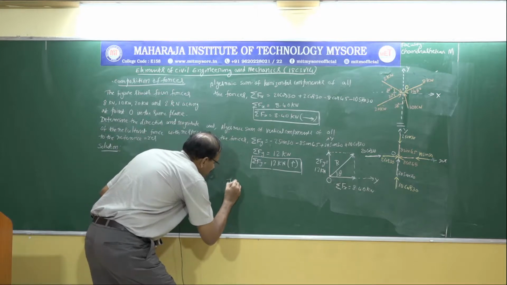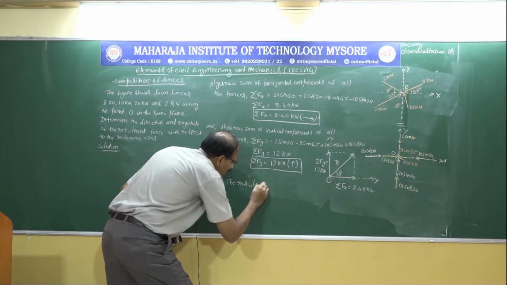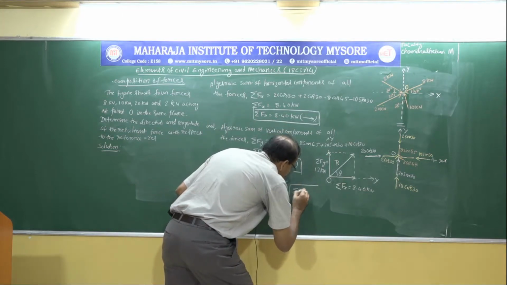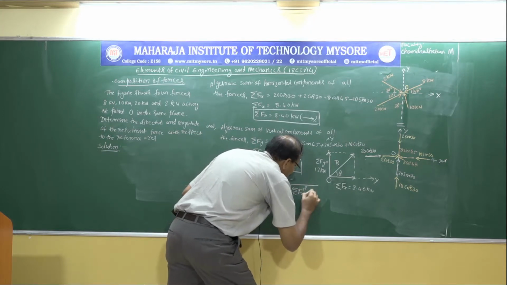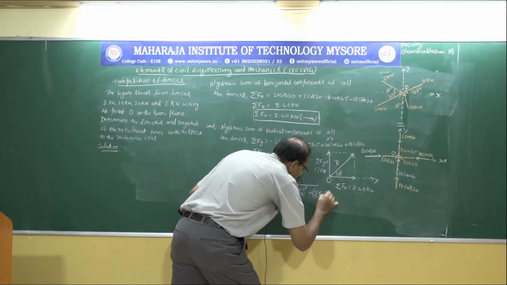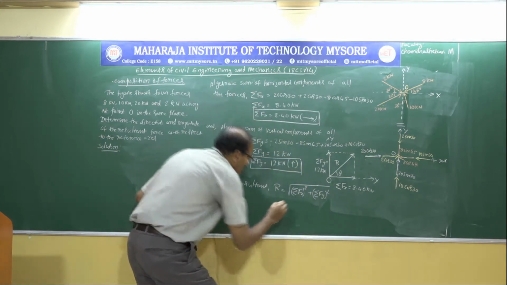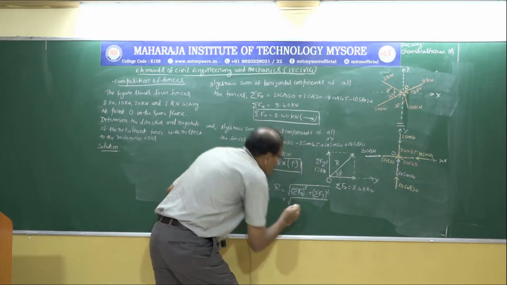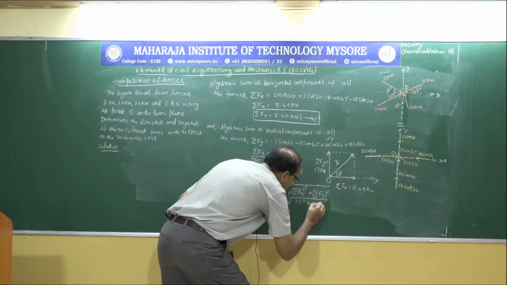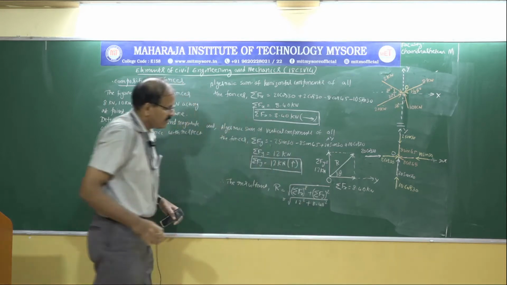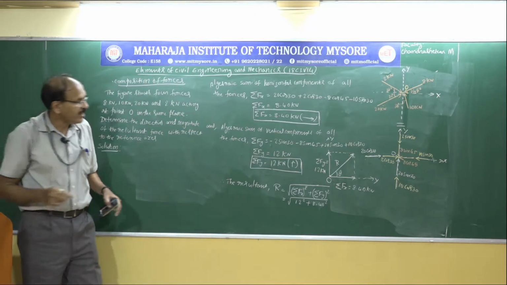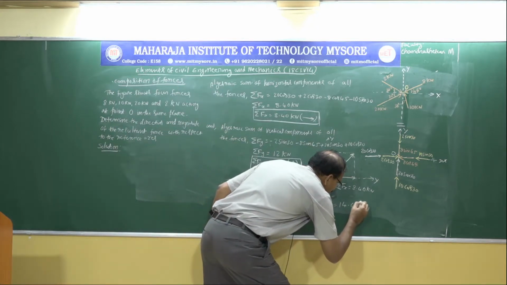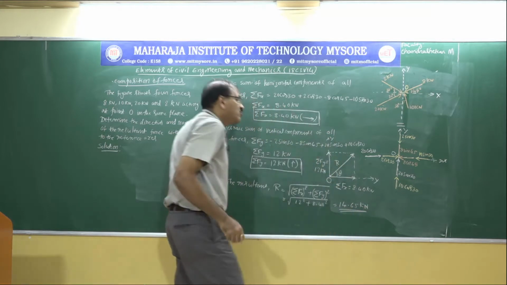Therefore, the resultant R equal to square root of sigma Fx square plus sigma Fy square. That is equal to square root of 12 square plus 8.40 square. So the value of the resultant is 14.65 kilonewton. 14.65 kilonewton is the magnitude of the resultant.